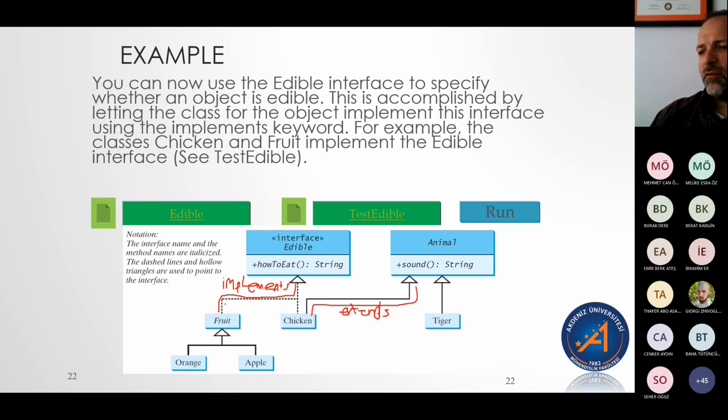Now on the other side of this, we have a fruit. Now notice Fruit is italicized. What does that mean? How do you say italicized in Turkish? Italic.